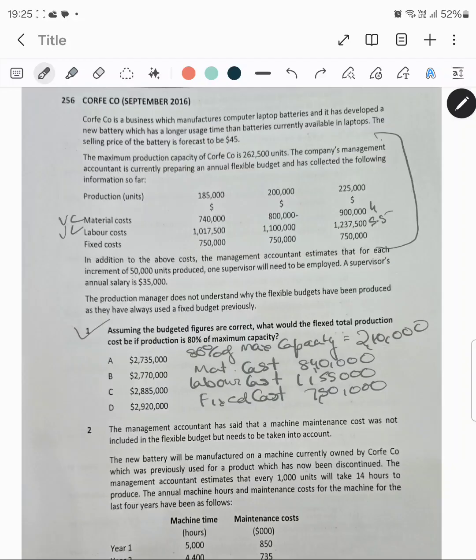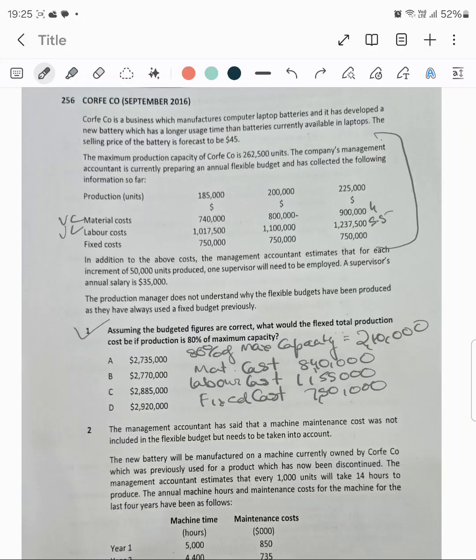It is written that in addition to the above cost, the management accountant estimates that for every increment of 50,000, one supervisor will be needed to be employed. A supervisor's salary is 35,000.